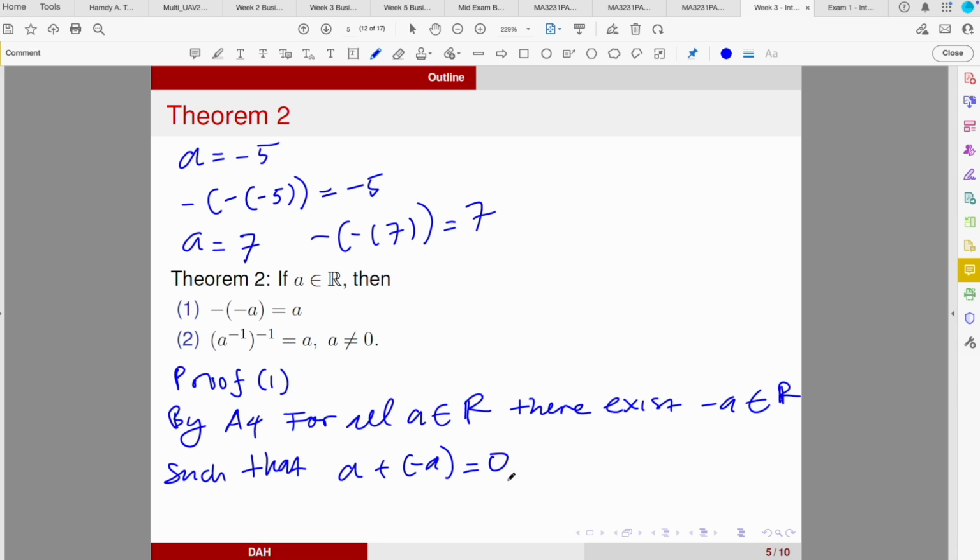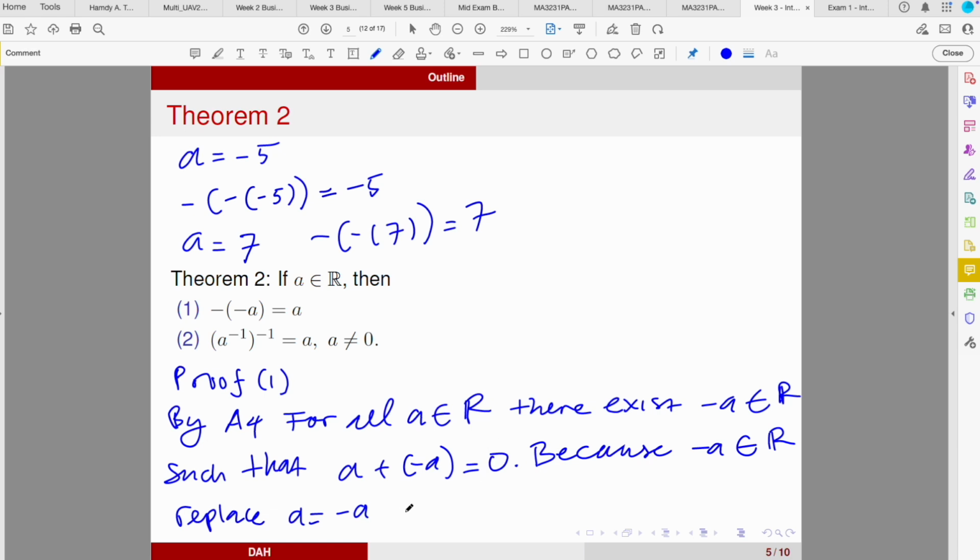Okay, now I want to arrive here. Because minus A also belongs to the real numbers, I can replace A with minus A. The replacement doesn't change the result.